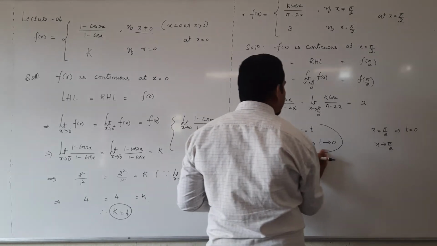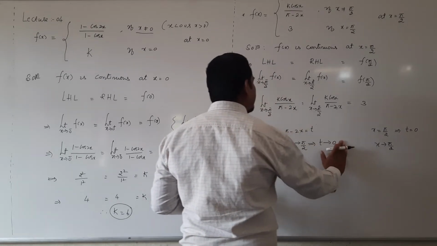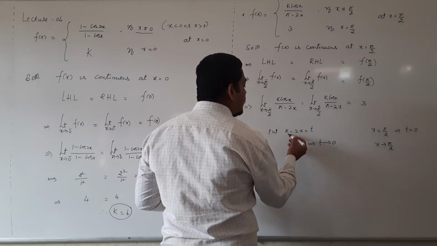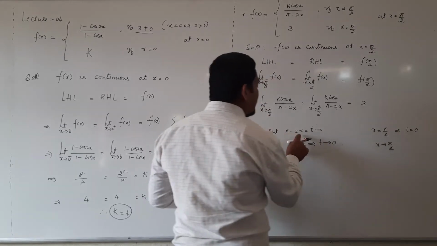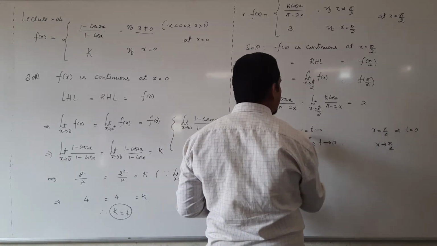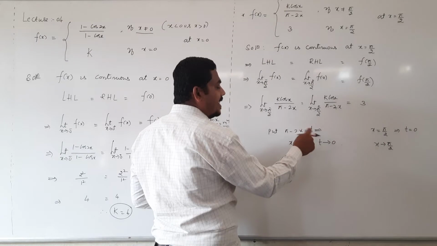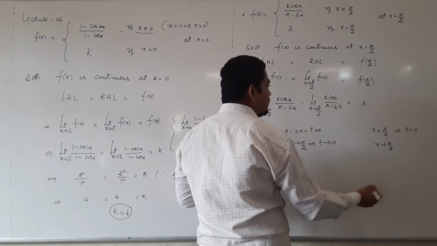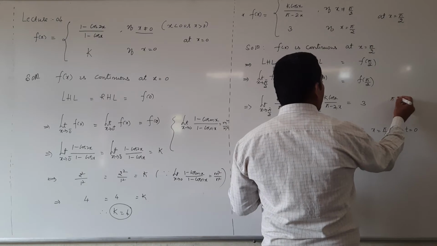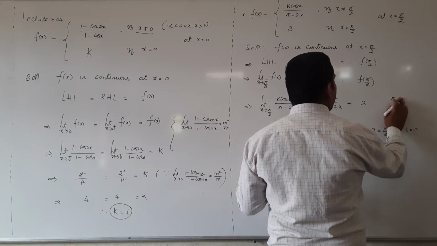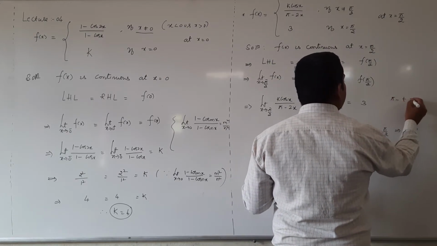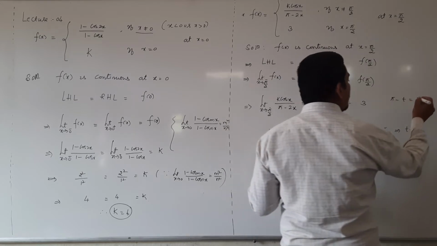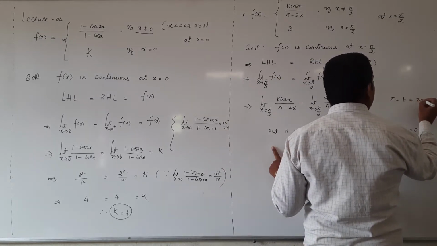Once done, what is x value from the substitution? Look at this. What is x value? Just rearrangement. Send it to the RHS. Pi minus t equal to 2x.